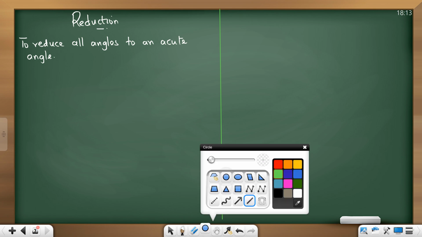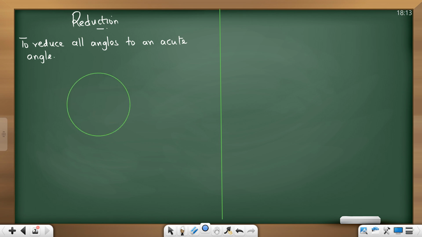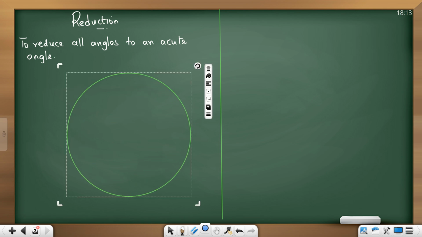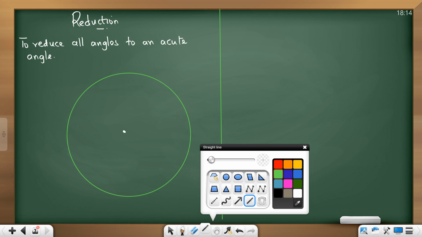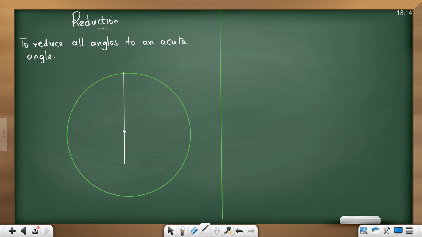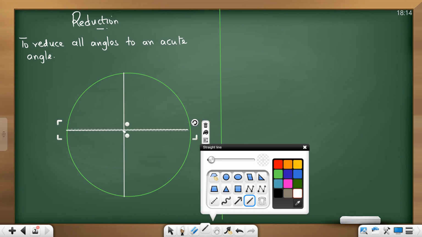That is, whatever angle I have, I want it to be less than 90. So I am going to do, like I said, the basic raw work just to show you in quadrant 2, after which I am just going to go to what matters.